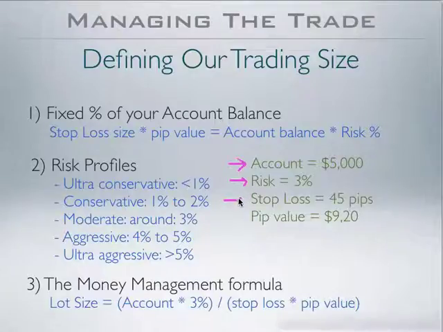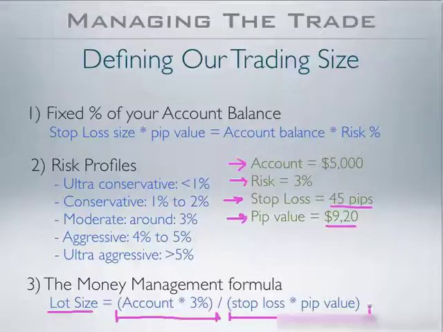Our stop loss, the distance between our entry point and our stop loss point, is 45 pips, and the pip value for this particular currency pair, whatever it may be, it doesn't matter, this is just a hypothetical case, is $9.20. So let's figure out how many lots we are to take this trade with. We are going to calculate this first portion of the equation and then the second one.